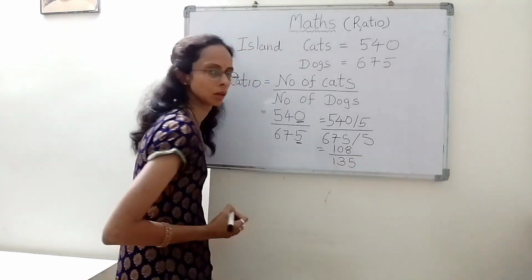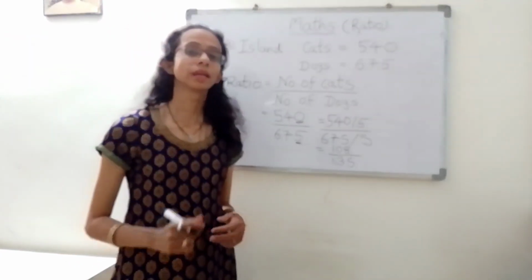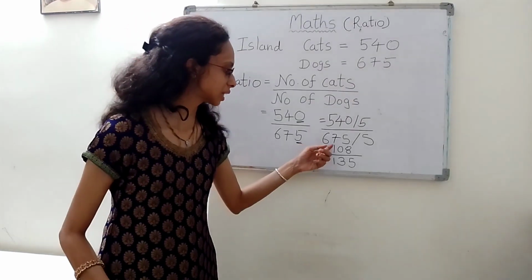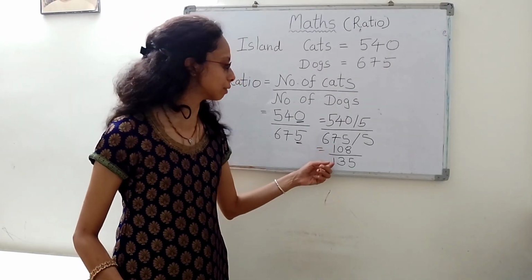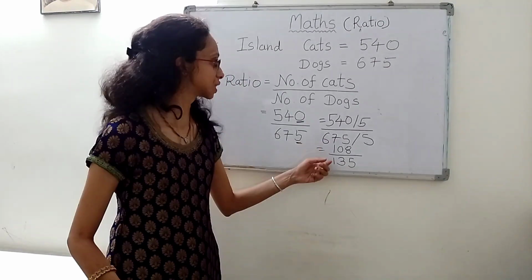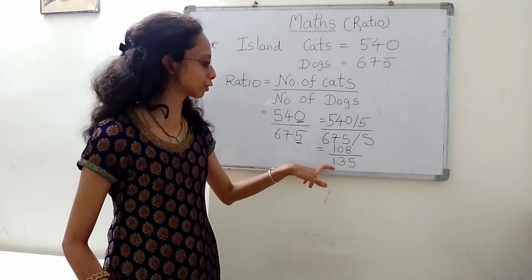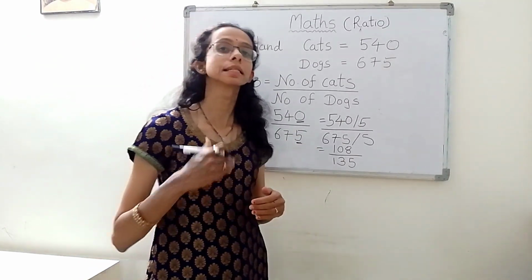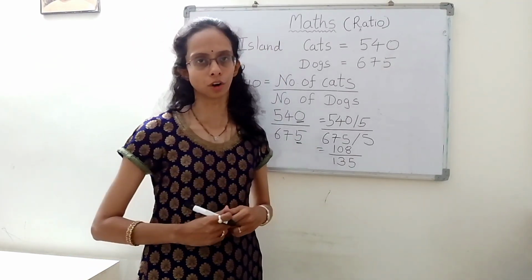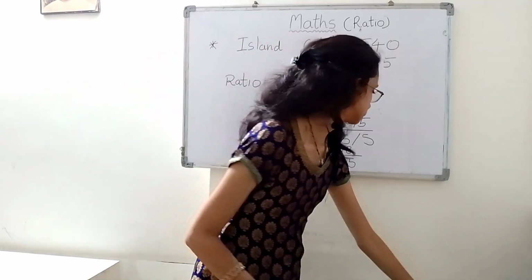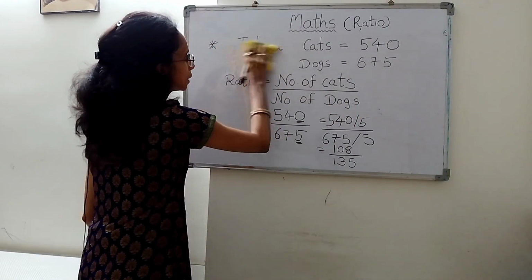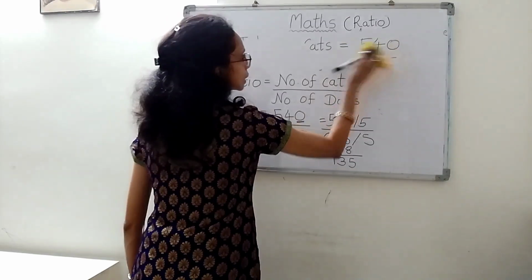Okay. So this is 108 divided by 135. Now we are going to decide whether this 108 divided by 135, which is the ratio of the number of cats to the number of dogs, can still be simplified further or not. Let us see that. 108 upon 135.